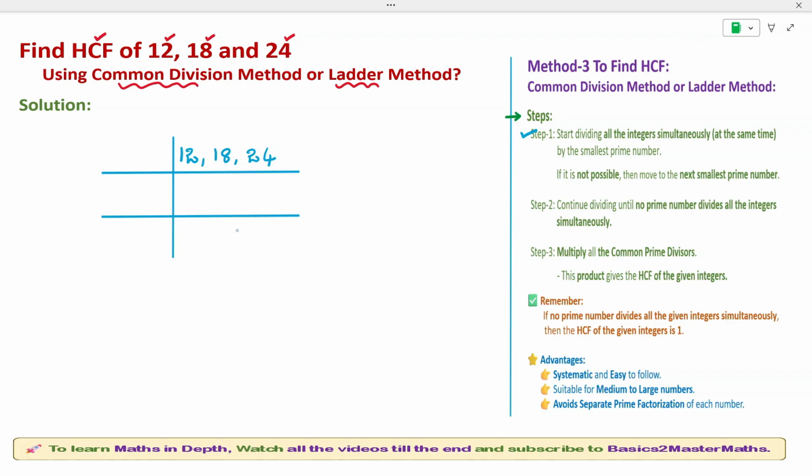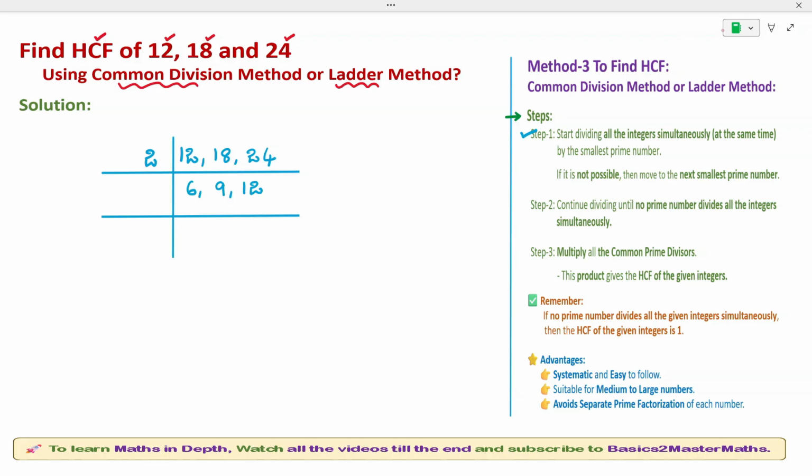Start dividing 12, 18 and 24 by the smallest prime 2. Since 2 divides all three integers 12, 18 and 24 exactly, we get 6, 9 and 12.